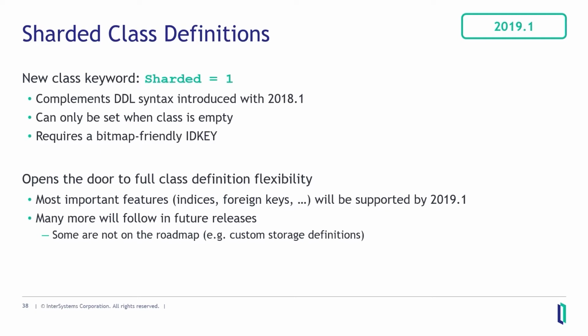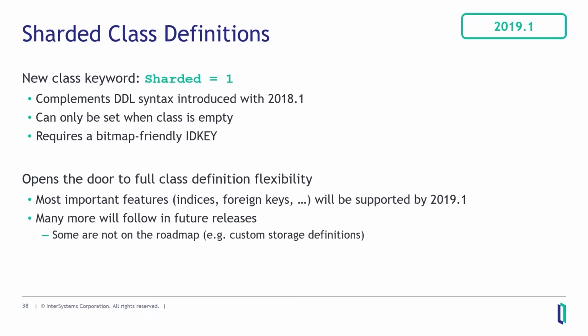But it was also a very convenient way for us to restrict the wealth of features that InterSystems IRIS has for object development, so that we could restrict what we needed to support in the very first release for sharding to only what you could achieve with DDL.